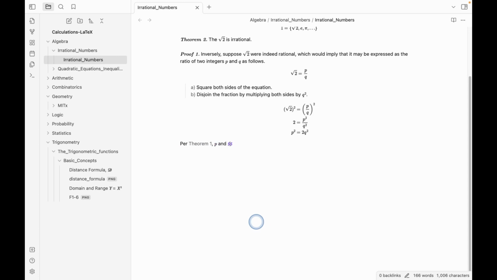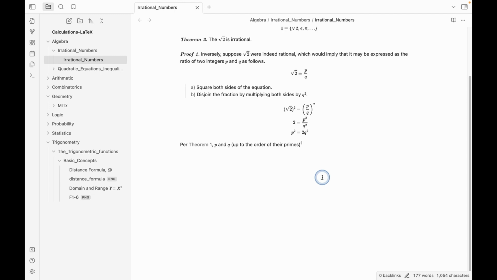Great. So per theorem 1, p and q are unique up to the order of their primes, and this phrase, "up to the order of," is a somewhat standard phrase commonly used in mathematics to mean "in all cases except." In essence, what is meant here is that the prime factorization of an integer is unique in such a way that we are discounting the permutations of its factors over commutativity as distinct.